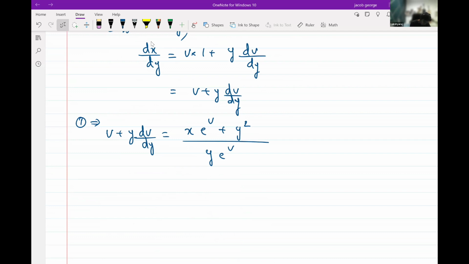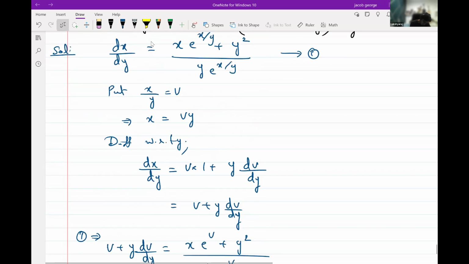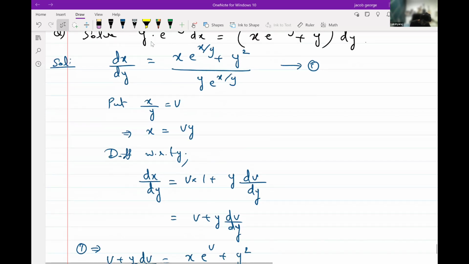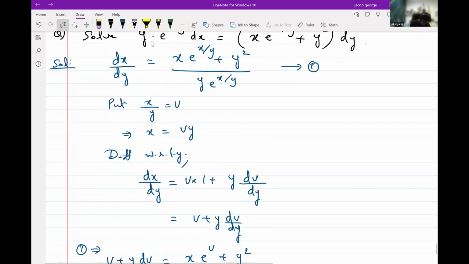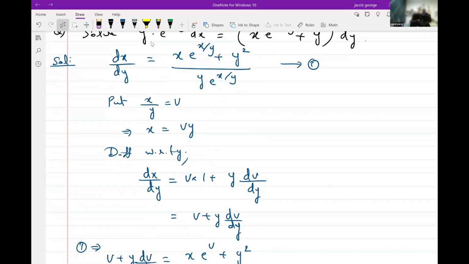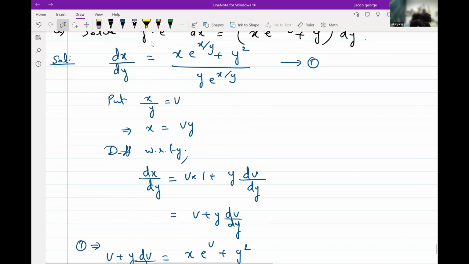Now we have to take this, which term to the right side we can take. Okay, so we have to take v to the right side. The term v can be taken to the right side.